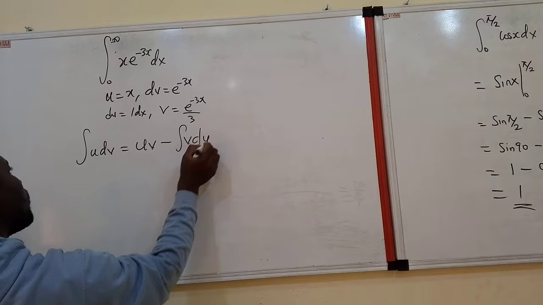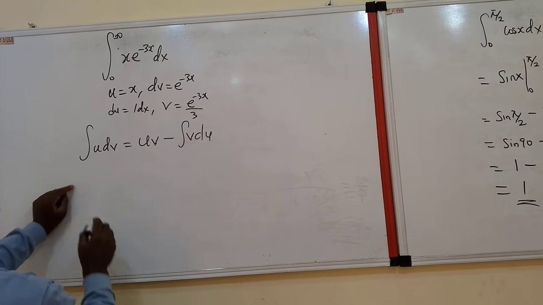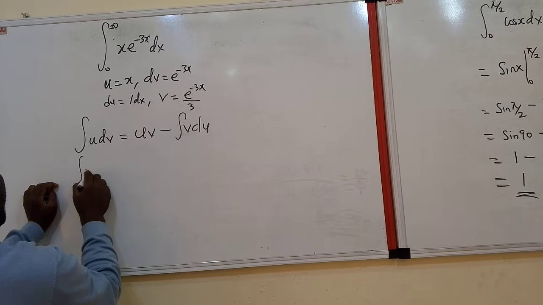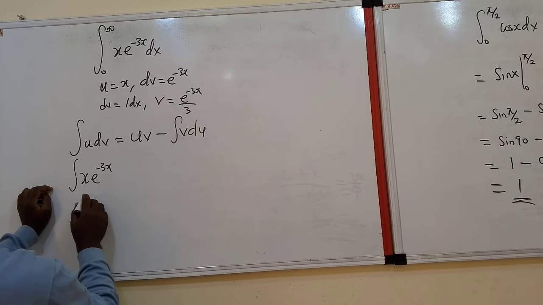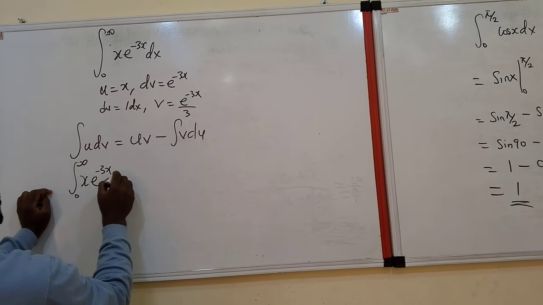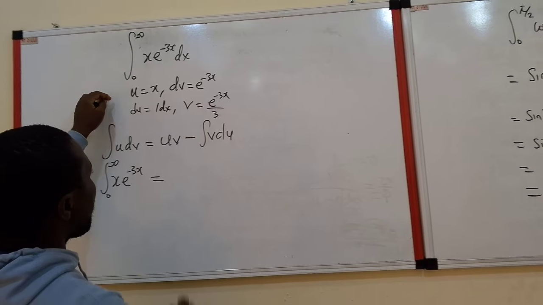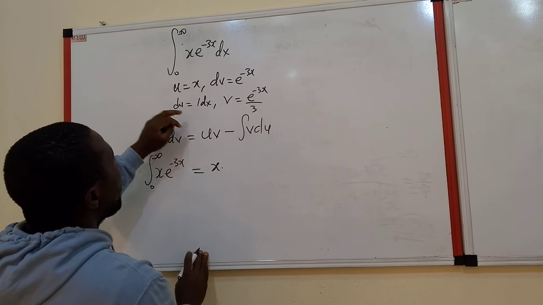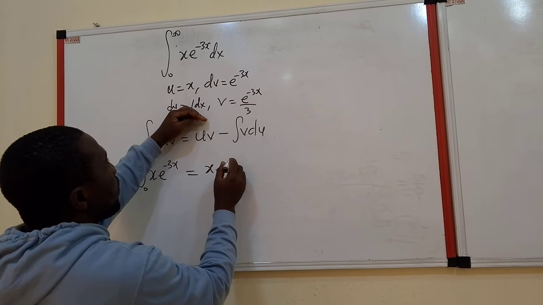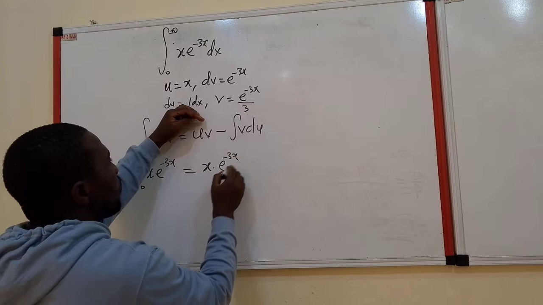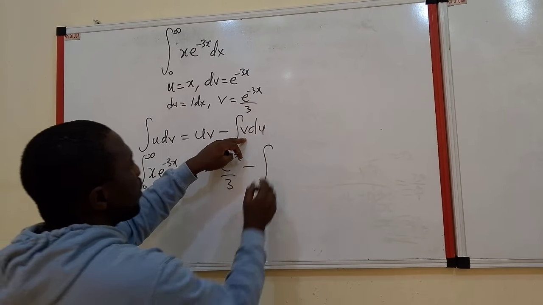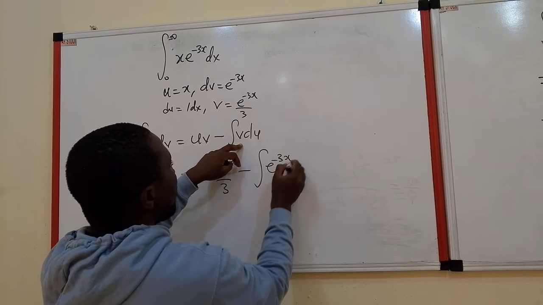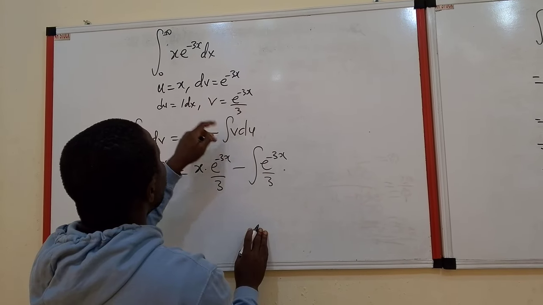So, it implies that the integral of x exponential minus 3x from 0 to infinity is equal to, what's my u? X. What's my v? Exponential minus 3x over 3, minus integral of, what's my v? Exponential minus 3x over 3. What's my du? Du is 1 dx.